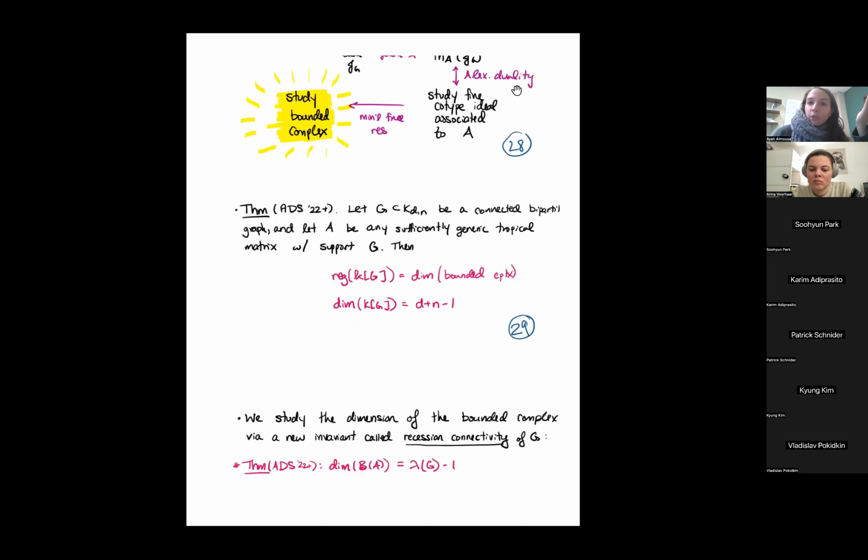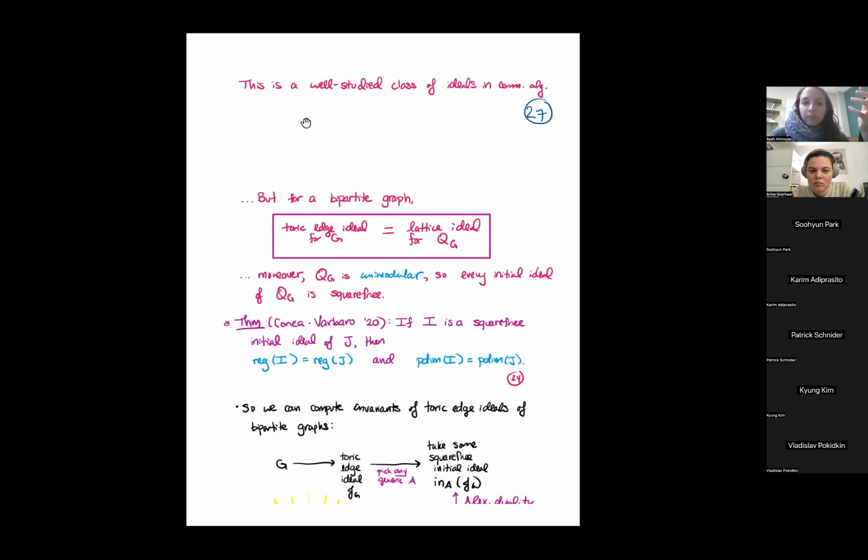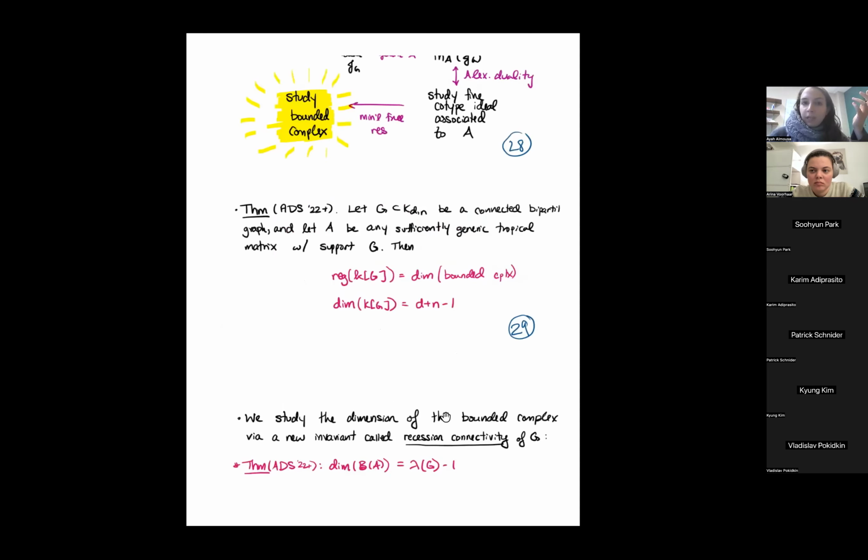And so by Alexander duality, now you can study the fine cotype ideal associated to that arrangement. And when you look at that fine cotype ideal, the bounded complex is going to be the minimal free resolution of that cotype ideal. So if you study the bounded complex, now you suddenly have homological information about the toric edge ideal. This is the trajectory that we're taking.